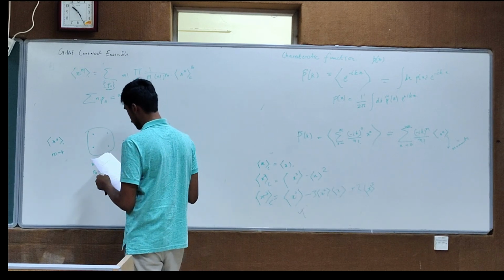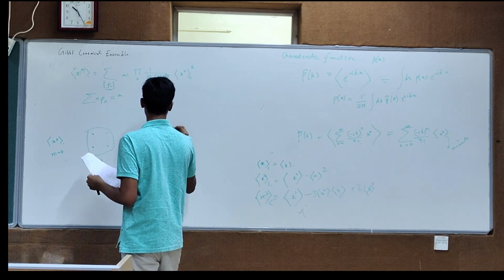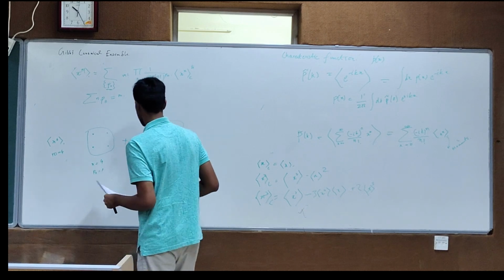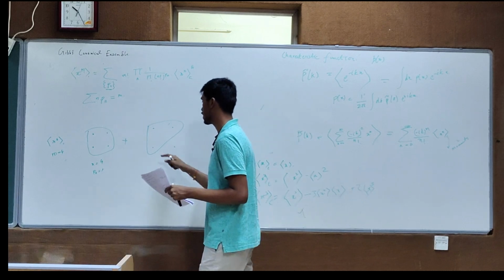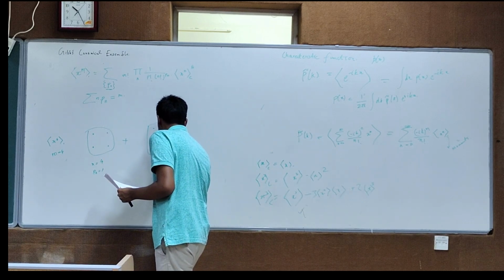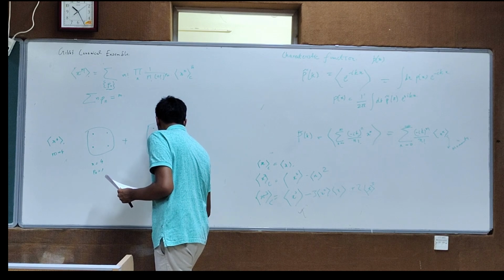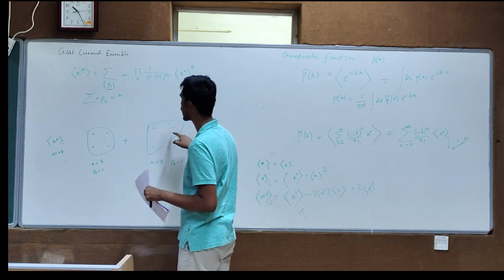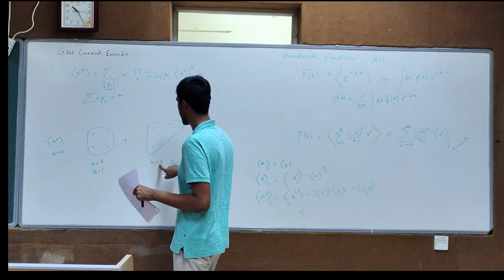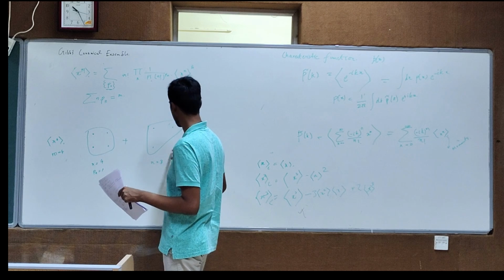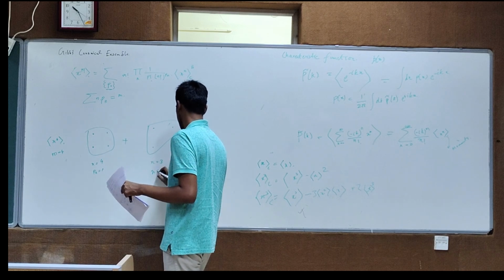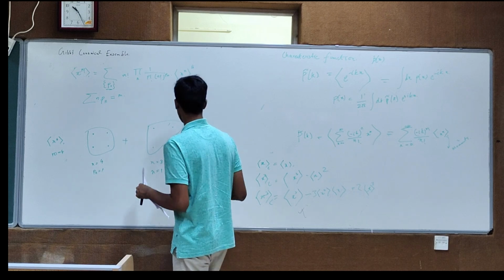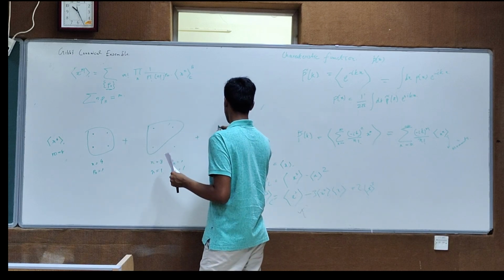Plus, now what are the other ways you can cluster it? You can cluster it in this way. Here you have n equals 3: there is one cluster with n equals 3, and there is one cluster with n equals 1. Is this fine? What other things? You can do this.